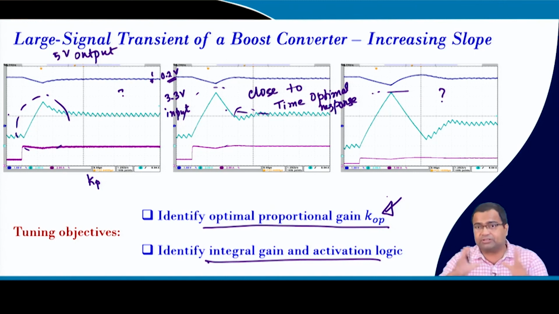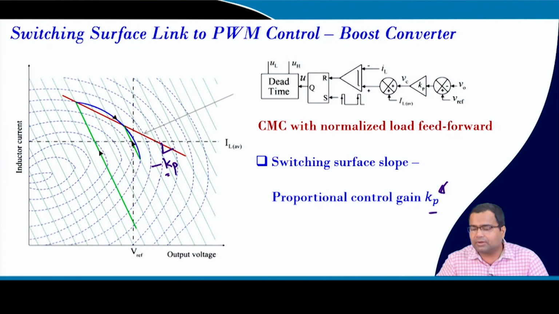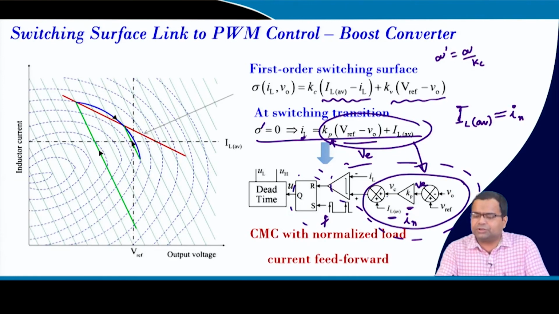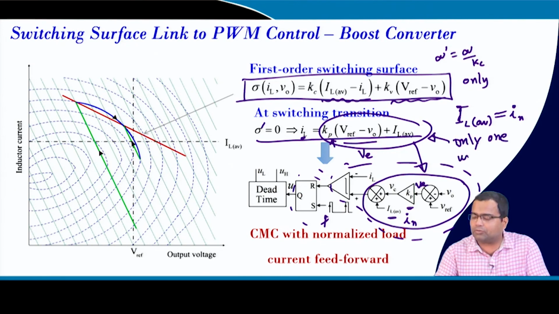So, there is no separate gain because it is normalized. If you go back to our original problem, since it is a first order switching surface, we will have only one unknown parameter, and that is nothing but Kp.